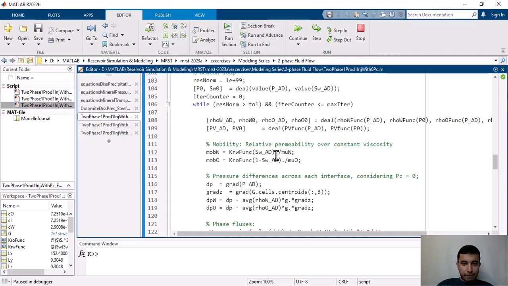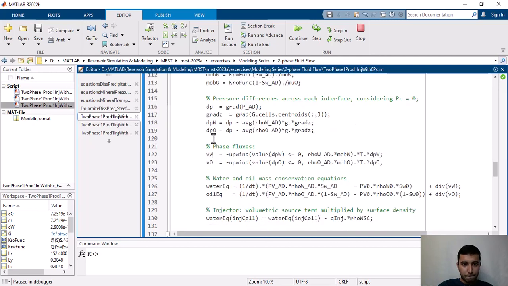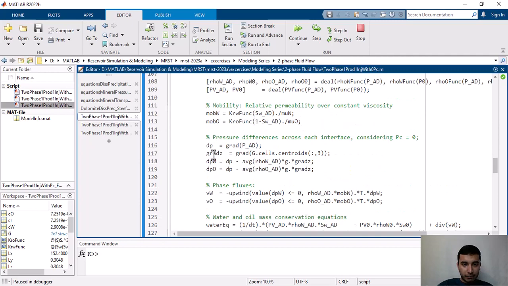Here I have calculated the mobility of water and the mobility of oil, and here I have calculated the pressure gradient, and here the gradient of length, I could say, or the difference between the positions of the centroids of the cells.